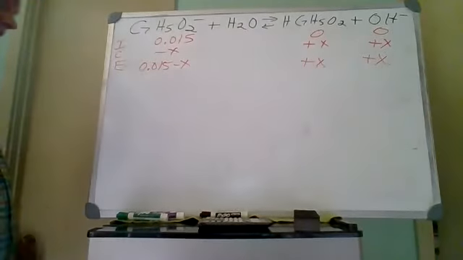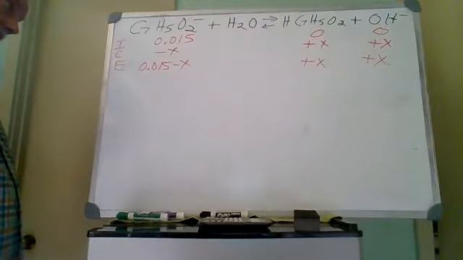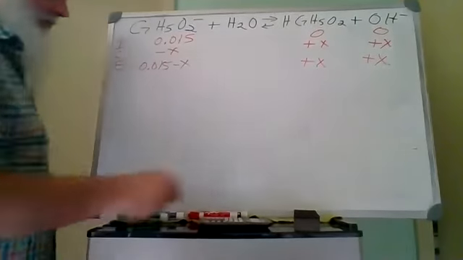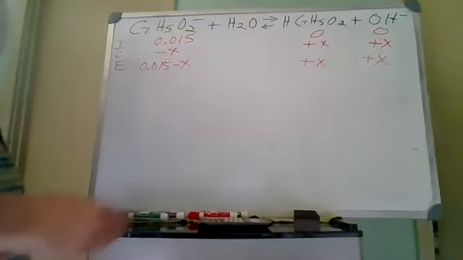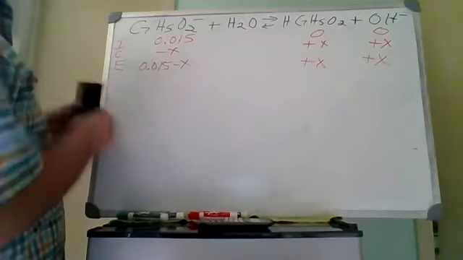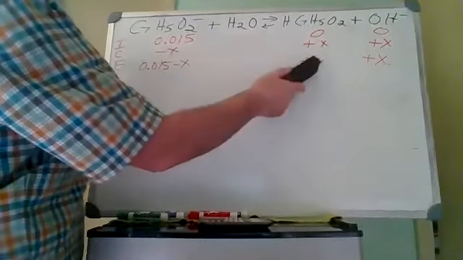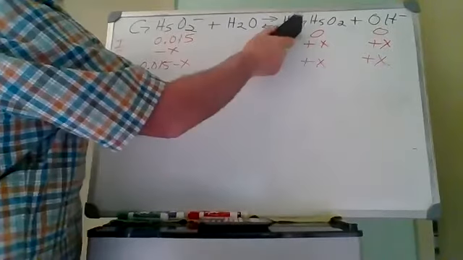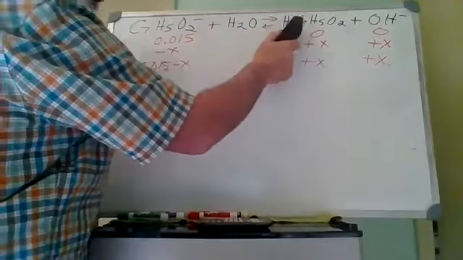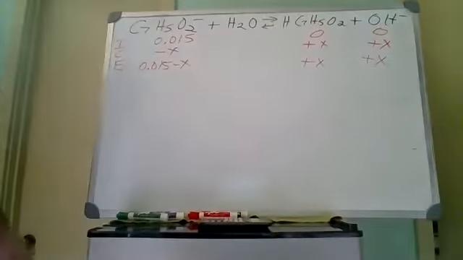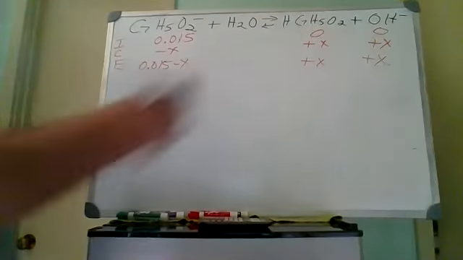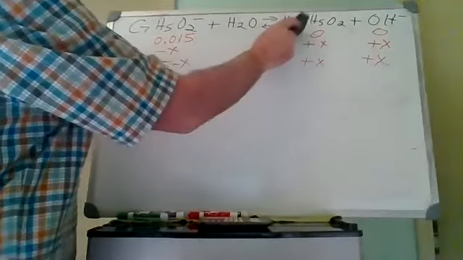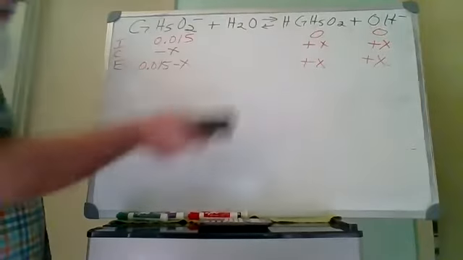All right, so now we want to set up an expression for Kb here. Remember that X is equal to the concentration of both the benzoic acid and the hydroxide ion. We're asked to calculate what this X is, the concentration of benzoic acid. I'm going to erase this ICE table.